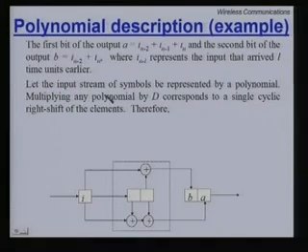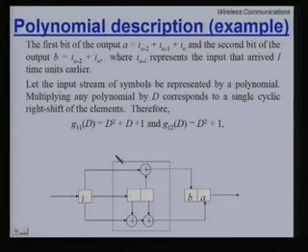So, let the input stream of symbols be represented by a polynomial. Multiplying the polynomial by D corresponds to a single cyclic right shift of the element. Therefore, what we can write is G11. What does G subscript 11 imply?